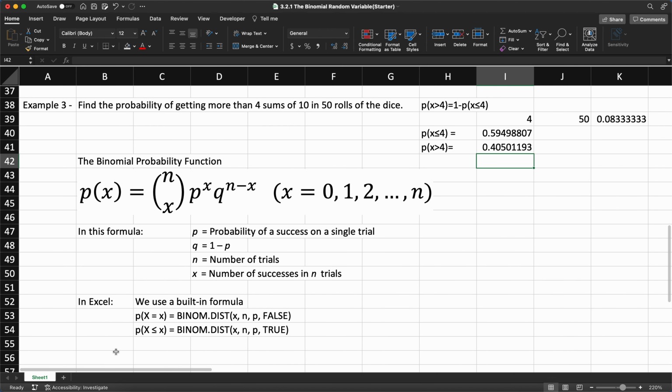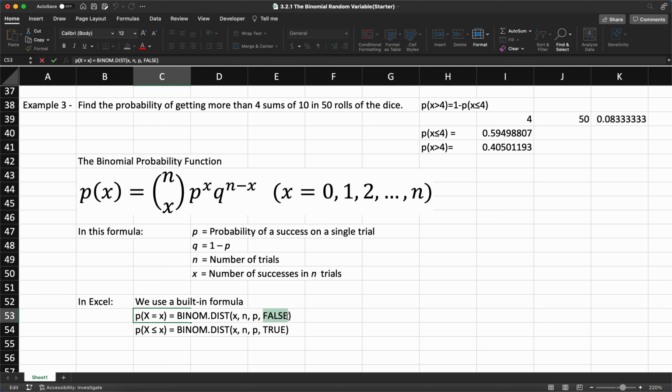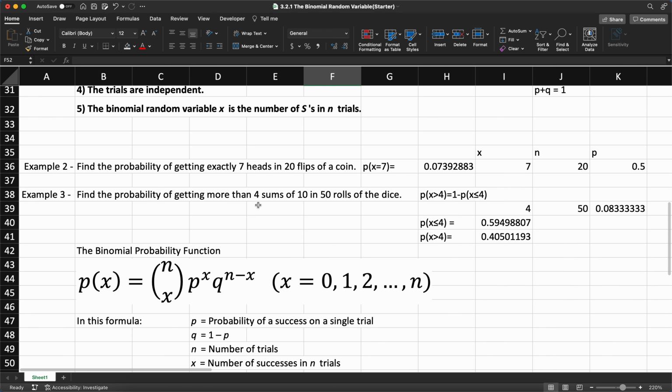So remember, this formula is always going to give me either the exact number of successes that I get, if I put a false here, or it's going to give me the number of successes less than or equal to a number if I put a true here. And so we have to rewrite the problems if we're asking for more than a certain number of sums.